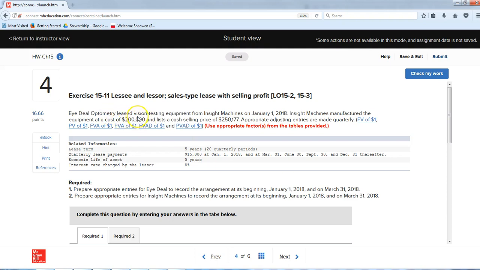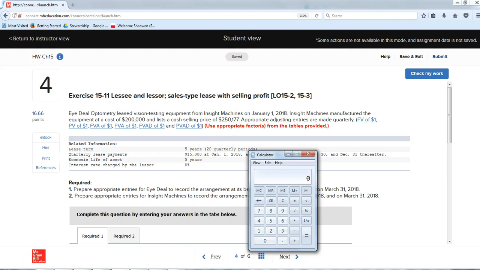Okay, so $250,000 divided by 20 quarters. So each quarter they amortize the right for $125.08. We round to dollars, so 125.09.